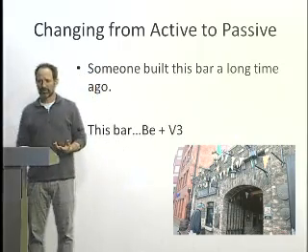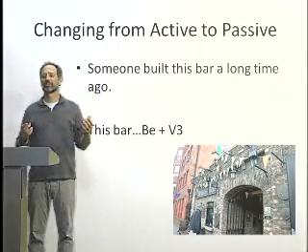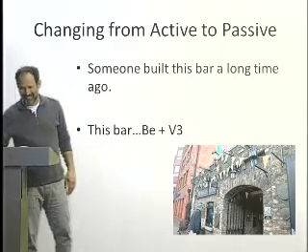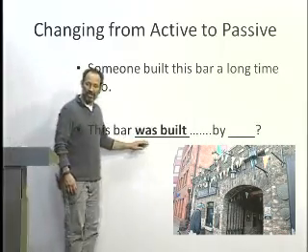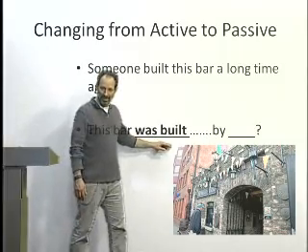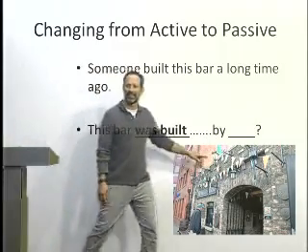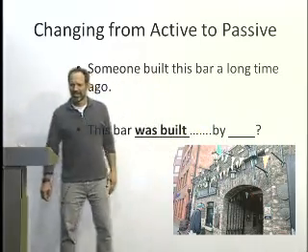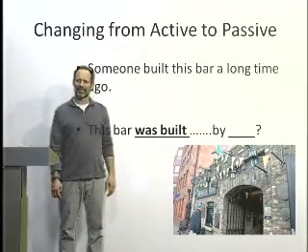The past simple form of be is was. So this bar was built. Now I need to think about this by phrase. This bar was built by someone.